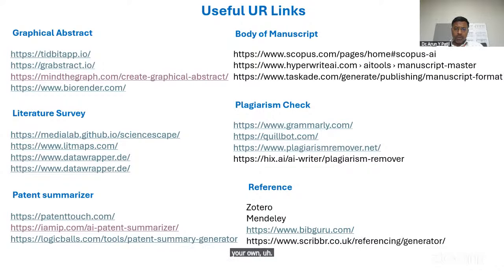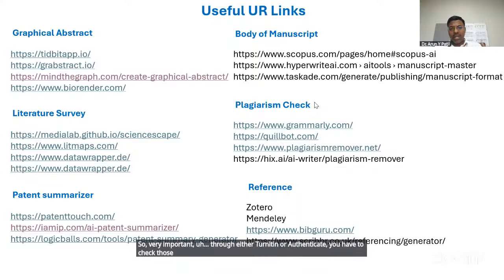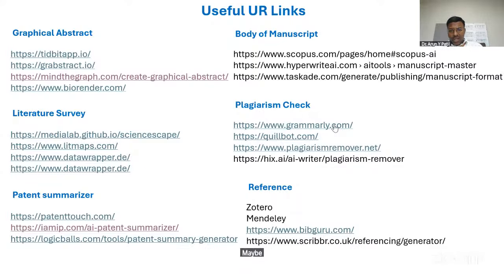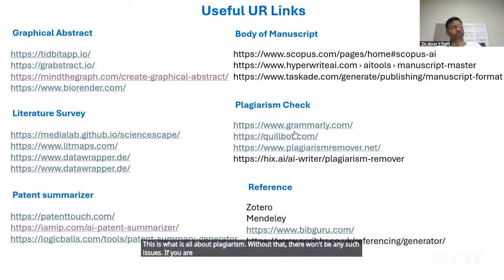Very important, through either Turnitin or Authenticate, you have to check the plagiarism, and then to a certain extent you can use Grammarly or Quillbot to resolve that, or else it is simple to convert active voice to passive voice. This is all about plagiarism. Without that, there won't be any such issues. If you are well versed with the active voice to passive voice conversion, I think you are done with the plagiarism.